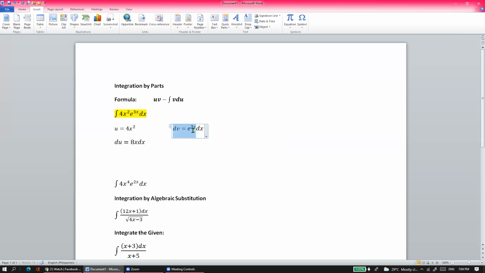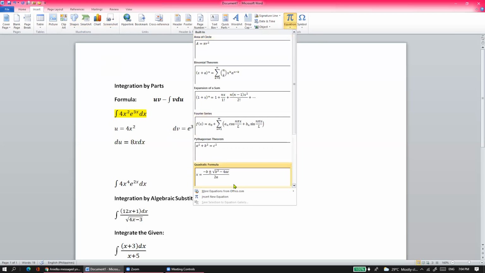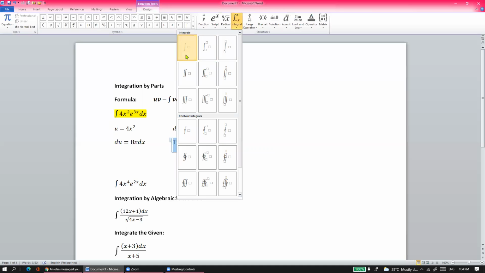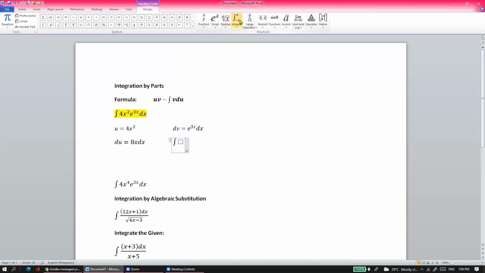We'll be proceeding now to this equation. Yung dv is equals to e to the 3x dx. So, we need to integrate both sides now. Ano daw ang integral ng dv at ano ang integral ng e to the 3x dx? So, if we're going to integrate both sides, magiging ganito ang ating calculation.